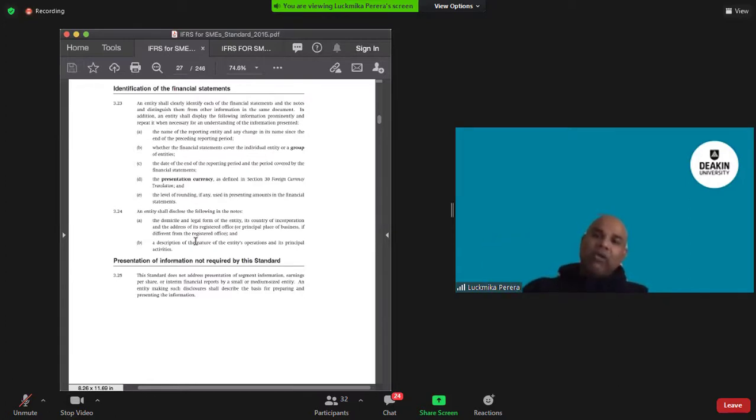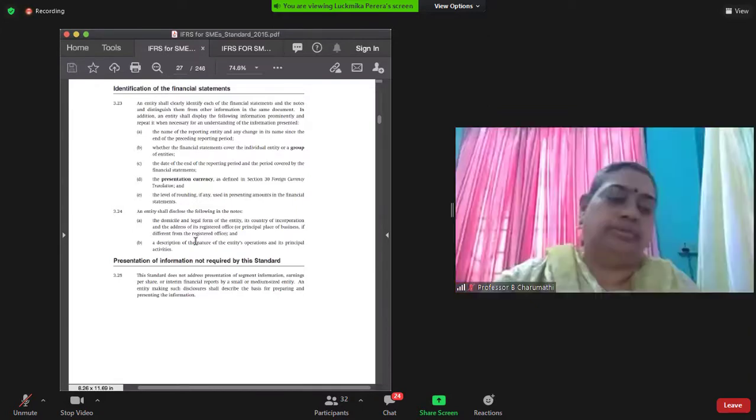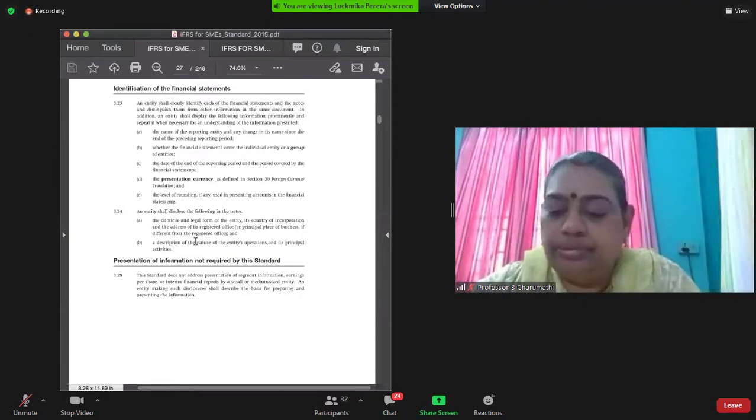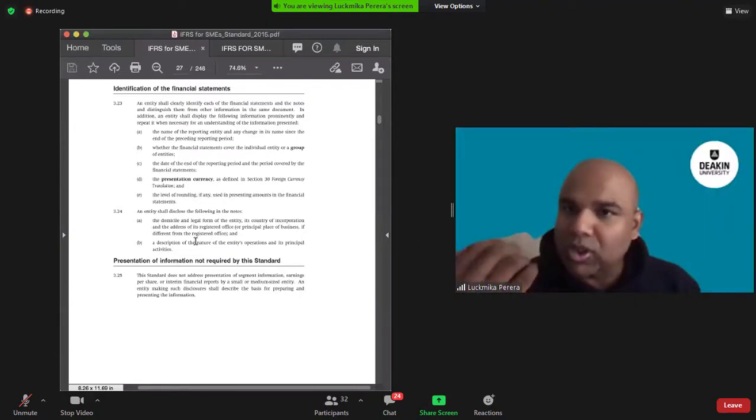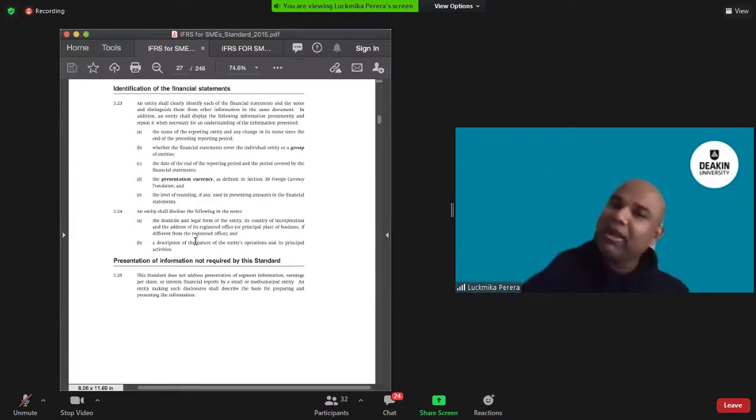Then on the other side, we have financial liabilities, current tax liability, deferred tax liability and deferred tax assets, provisions, non-controlling interests. All these elements are incorporated into the statement of financial position, or what we call the balance sheet.